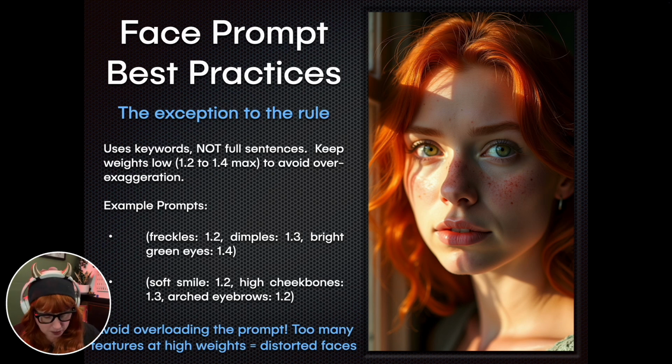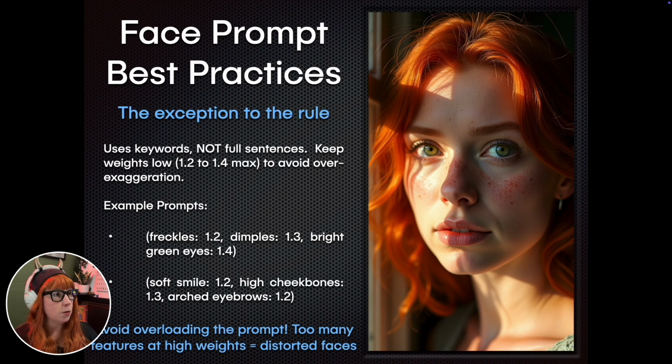So the exception to the rule of prompting in V5 only exists in that little box and in the avatar generator, which we're not covering in this because that's a whole different thing. But in this little box is the only place you want to use weights, okay? This uses keywords, not sentences. Keep weights low.